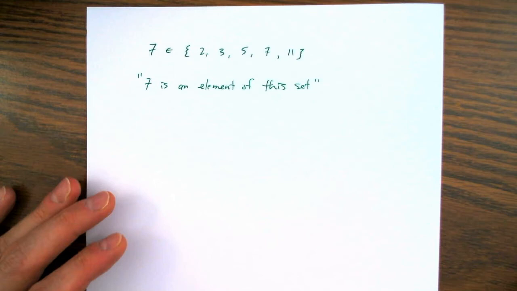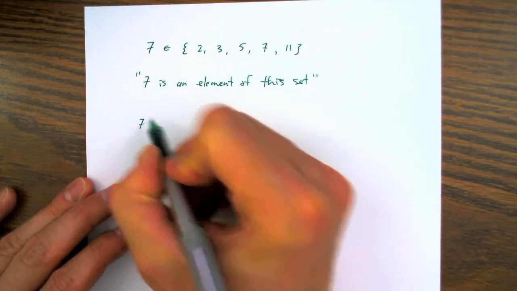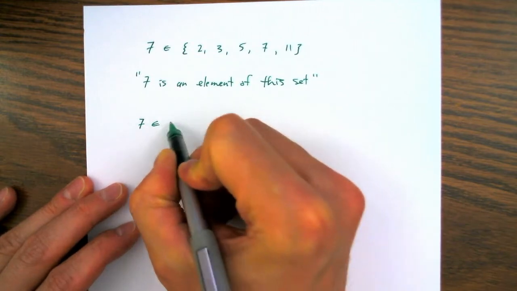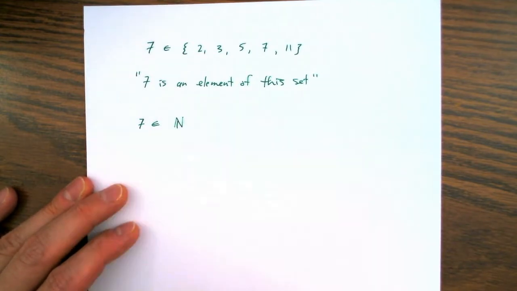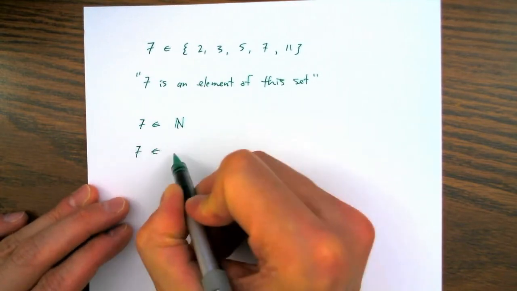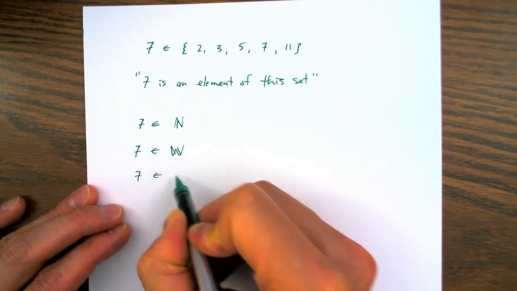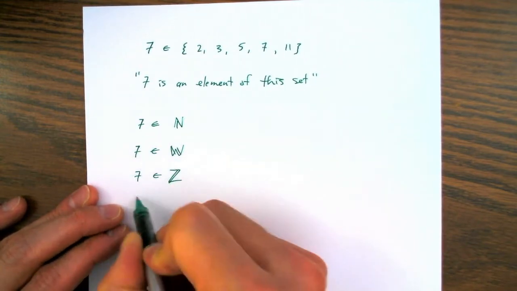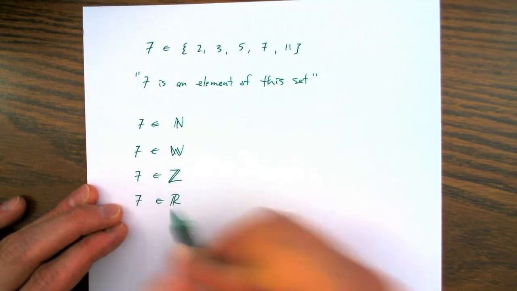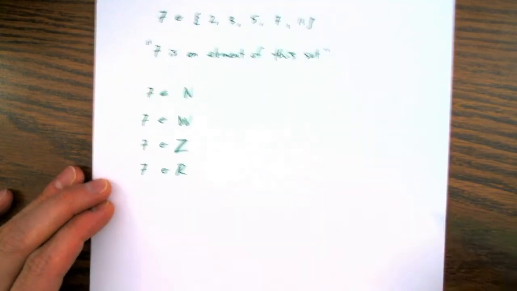We can also say, instead of using the curly braces, that 7 is an element of the natural numbers. 7 is also an element of the whole numbers and integers and real numbers. I could keep going on here. But these are all sets.